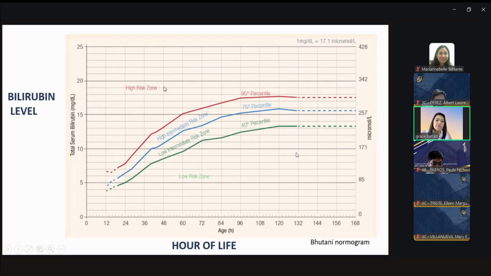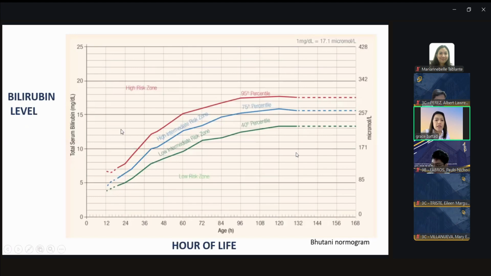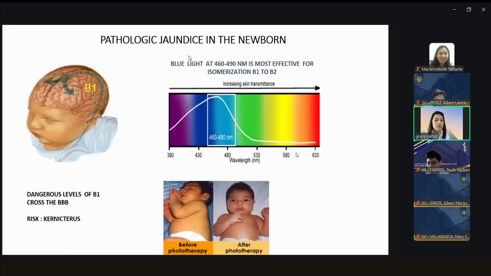But if your patient belongs to this area, then you have to have other plans, and maybe neonatology would be explaining the reason why they do an exchange transfusion or just give phototherapy. So the dangerous level would depend on the age of the patient and the level of bilirubin when you get worried, okay?